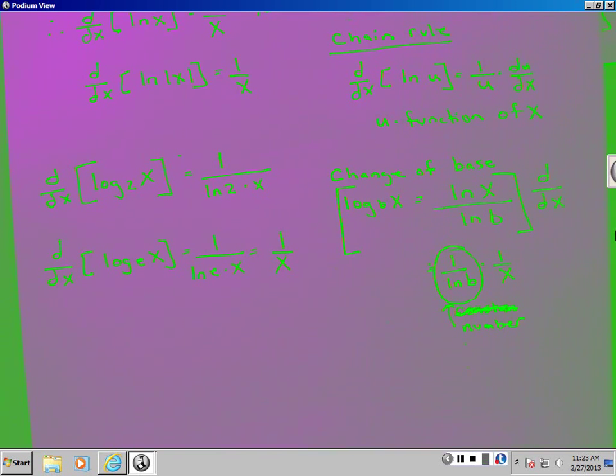So let's look at applying this to some examples. Let's look at number 6. What is the derivative with respect to x of ln of the absolute value of x cubed minus 7x squared minus 3?